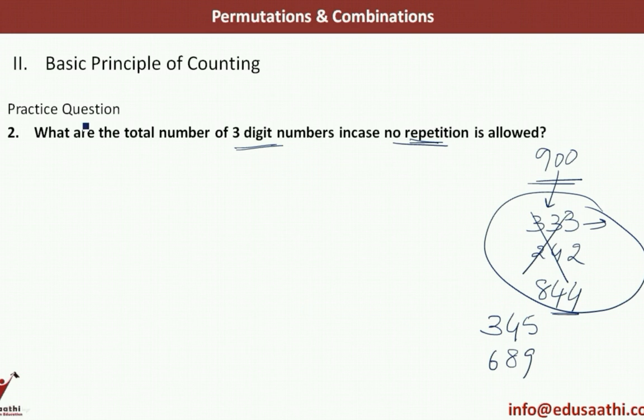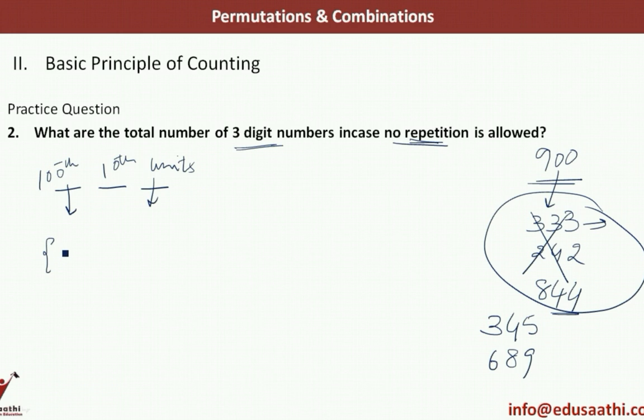So let's see how to solve this kind of question. Again, since it is a 3-digit number, I will draw 3 spaces. This is the units place as discussed earlier, this is the tens place, and this is the hundreds place. Let's start from the hundreds place. In how many ways can we fill up this hundreds place?